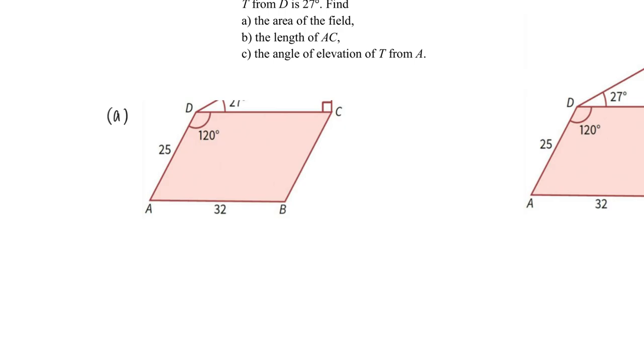Mr. Tan is going to cut this field, which is a parallelogram, into two parts. And because it is a parallelogram, Mr. Tan is going to just hide away this so that it's neater for us to see. This is 32.